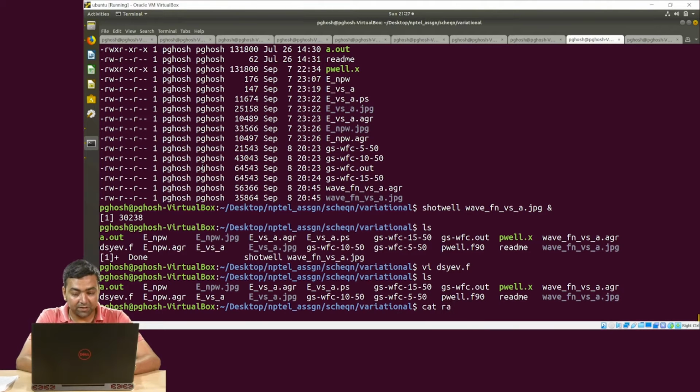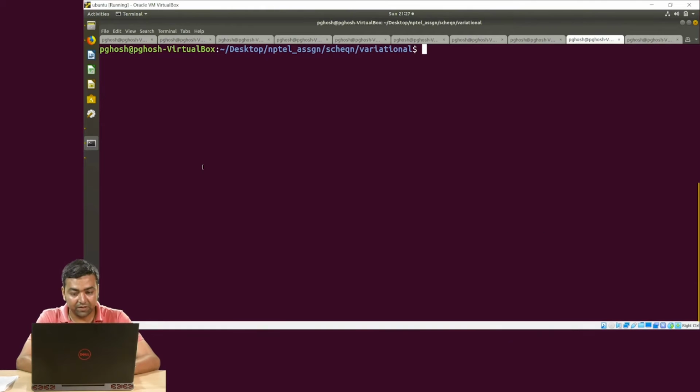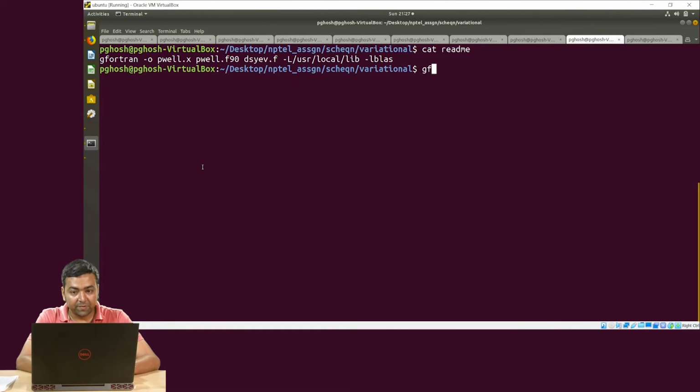And the compilation is done in the following way. Again I am using gfortran as my compiler. So, let me just clear the screen. I write gfortran -o.